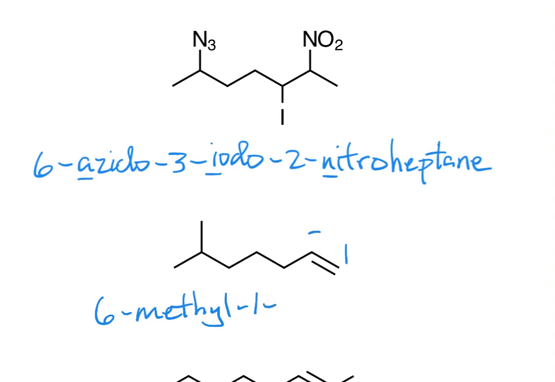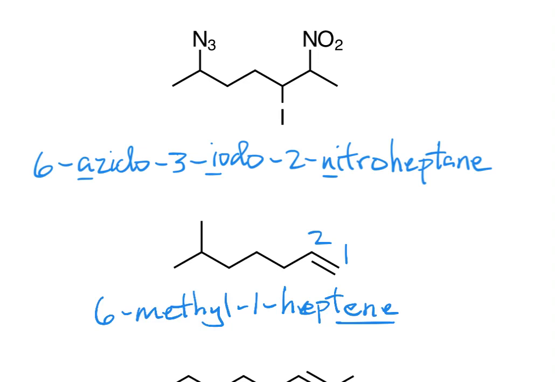So the double bond begins right on the very first carbon. So I have a 1 in there, and then we call it hept for the 7 carbon chain. That's an E there, H-E-P-T. And then instead of it being A-N-E, it's going to be E-N-E, because that's how we put the suffix in for double bonds.